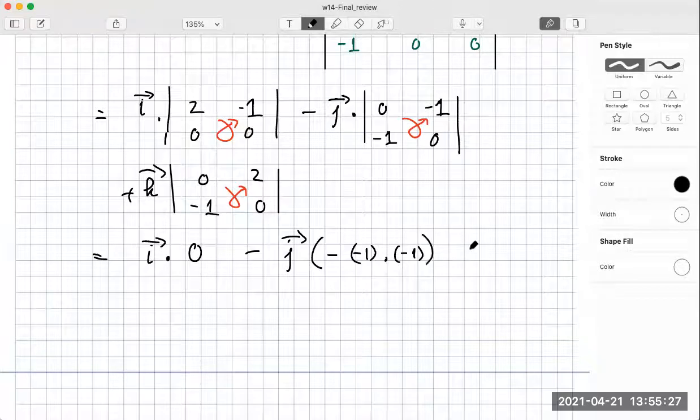Be careful. I try to write it clearly and slowly here. The vector k, it will be? Yeah, let us just write 0 here. 0 minus -1 times 2, right?